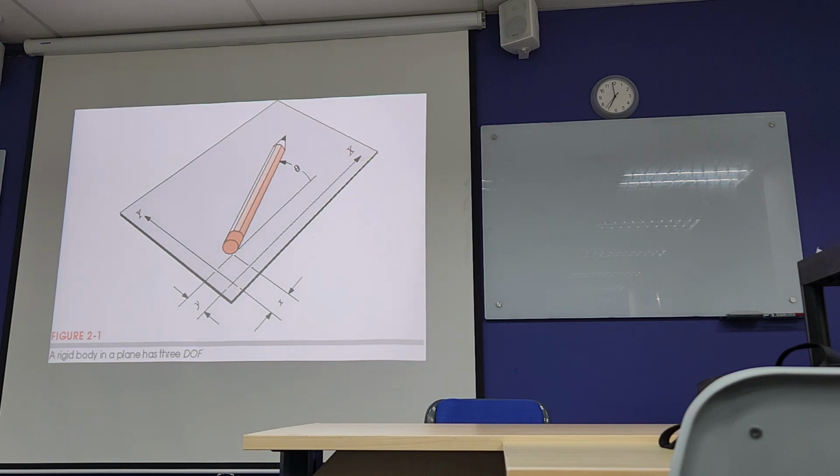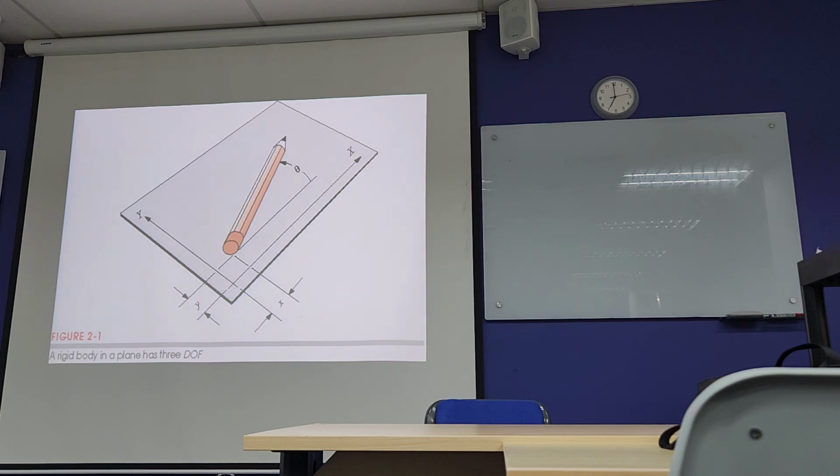Is it 1, 2 or 3? The degree of freedom is 3: the x coordinate, the y coordinate, and the orientation, the angle theta, with respect to the positive x-axis.